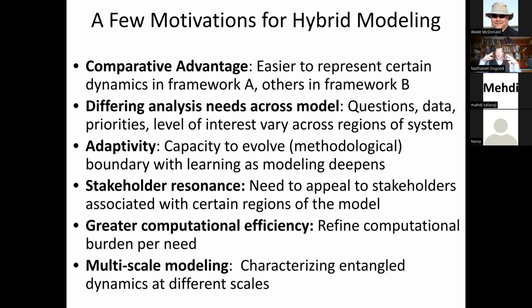And it is natural to weave a given model out of different methodologies, whereas certain needs come to the fore or retreat, you can shift the level and the type of description that you have accordingly, so that you adapt the areas of the model that make use of one methodology versus another. Perhaps you make parts that were previously aggregate with stock and flow modeling more articulated with agent-based modeling.